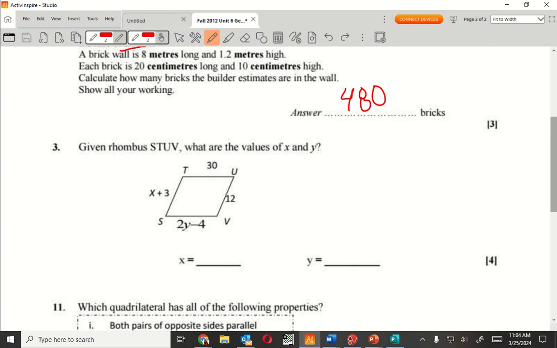All right, so if we had our notebook open, what do we know about a rhombus? Good job, thank you. A rhombus has 4 congruent sides.